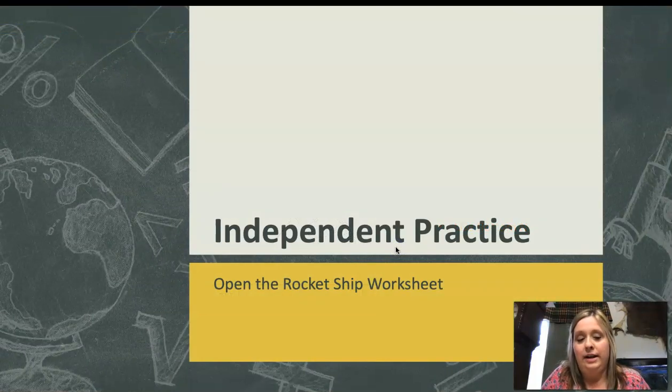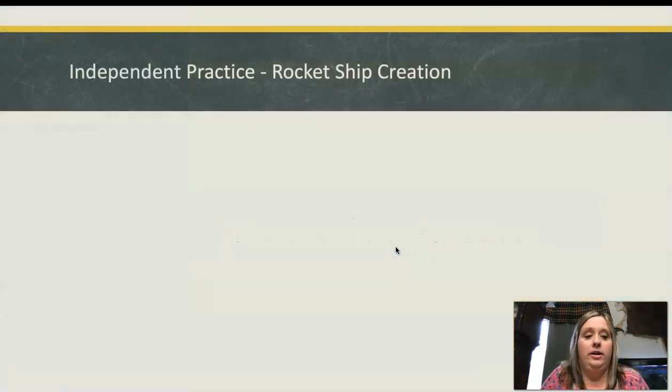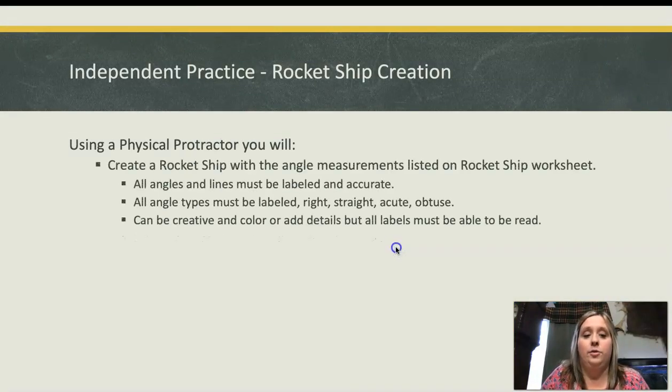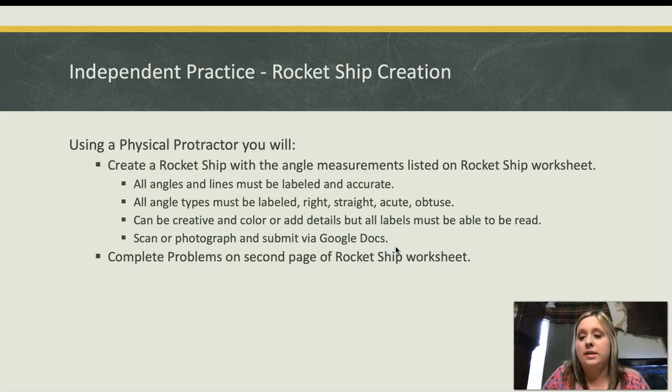Okay, so that kind of concludes our practice together. So what you're going to be working on, using a physical protractor, not a virtual one. The reason I'm doing it this way is because I feel like doing angle measurements with a physical protractor is almost a different skill than the virtual, even though they can be extrapolated and they're close to the same.